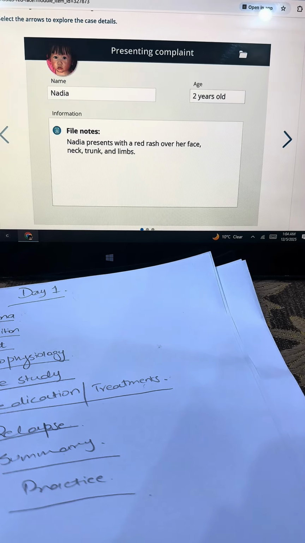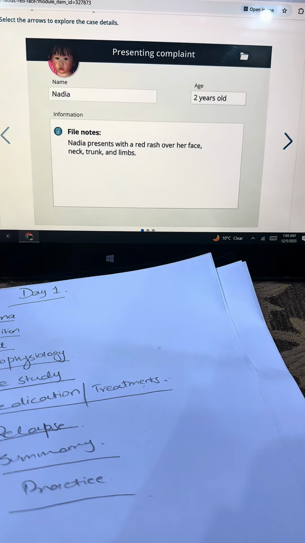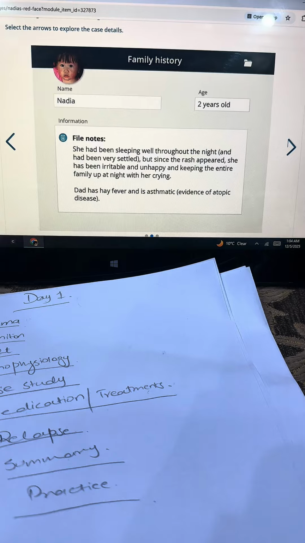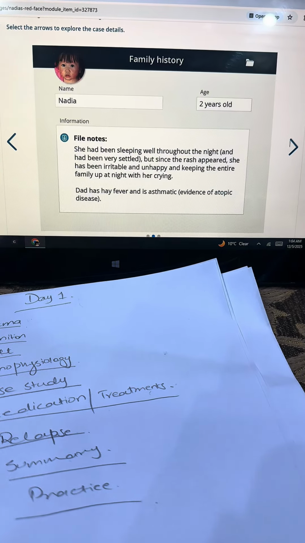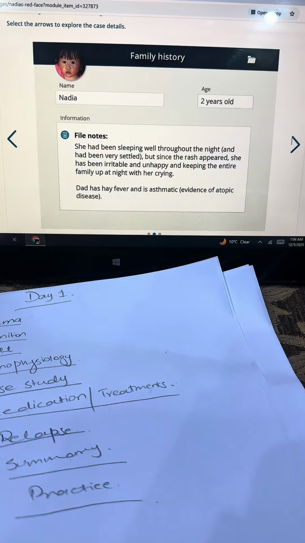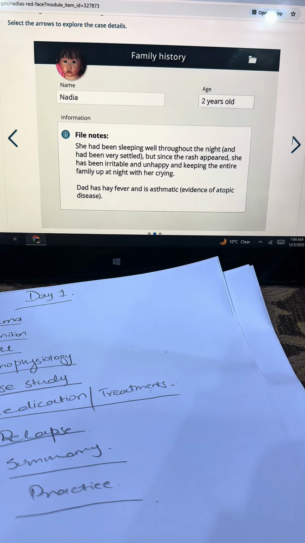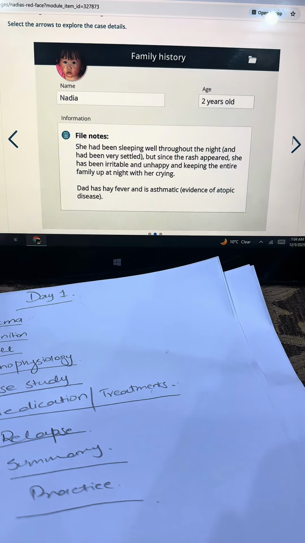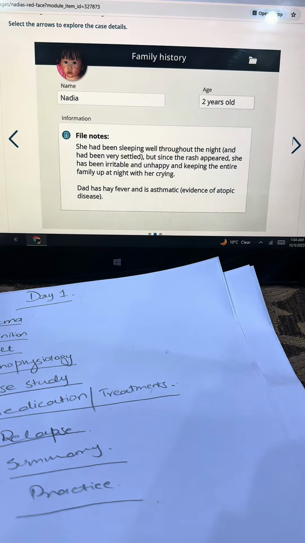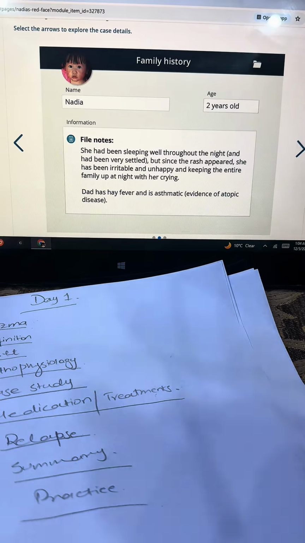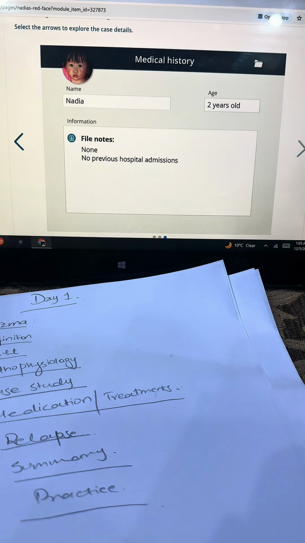Nadia presents with a red rash over her face, neck, trunk, and limbs. She had been sleeping well through the night and was very settled, but since the rash appeared, she has been irritable and unhappy and keeping the entire family up at night with her crying. Dad has hay fever. In the family history, our positive finding is hay fever and asthma, evidence of atopic dermatitis.